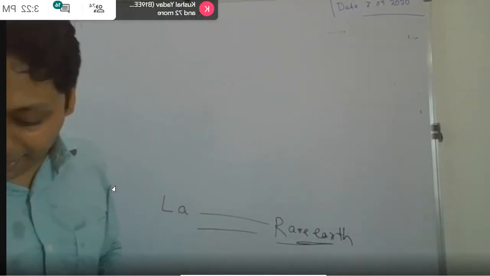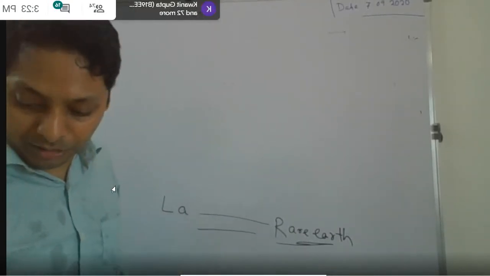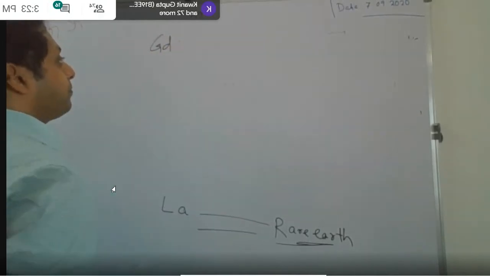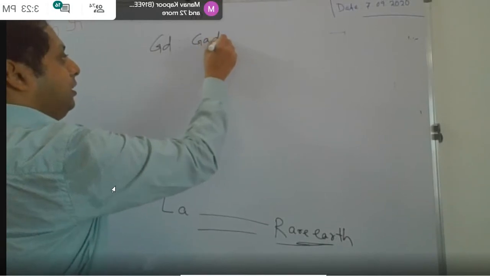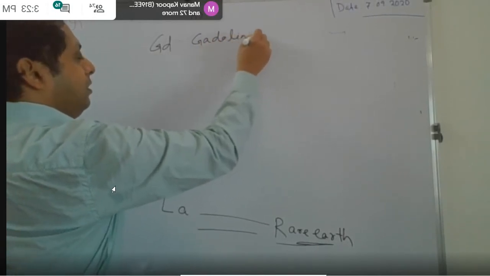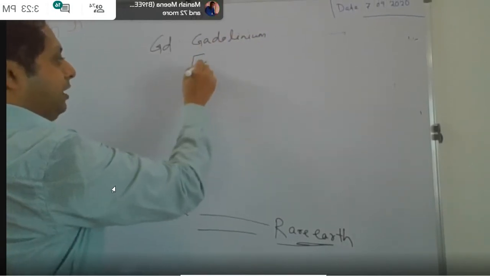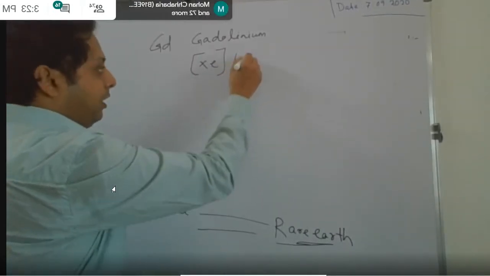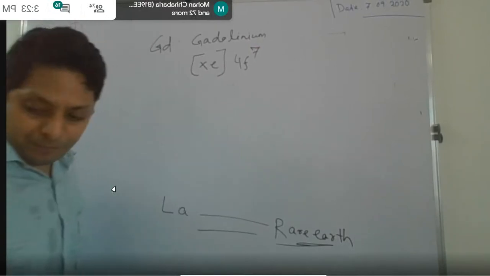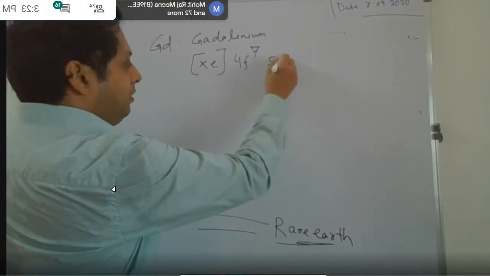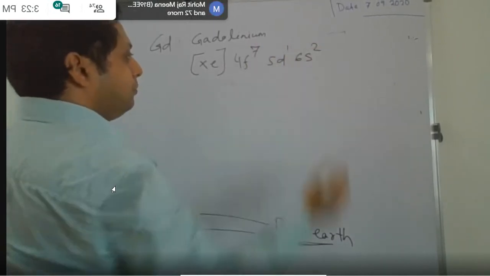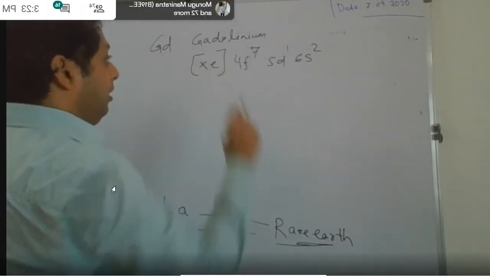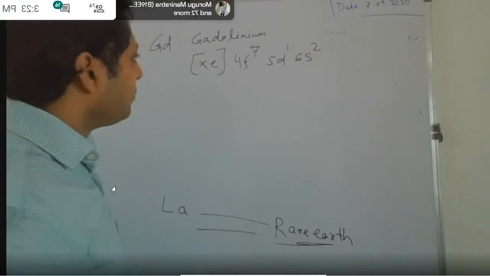I take an example of a famous material in magnetism: gadolinium. Now the electronic configuration is xenon, then 4f7, 5d1, 6s2. So this is the electronic distribution in gadolinium.